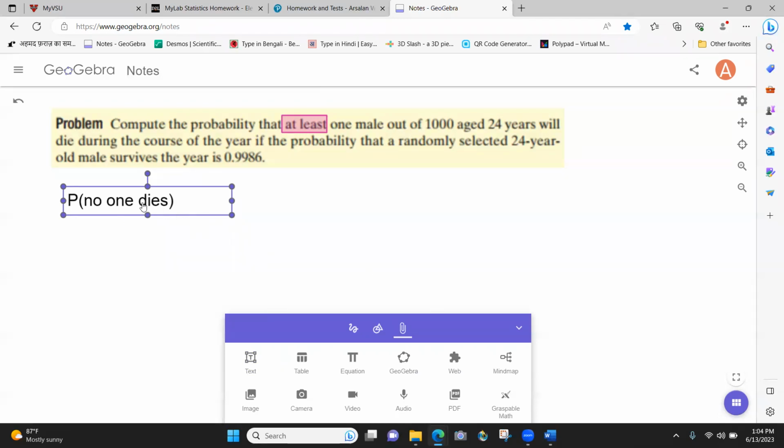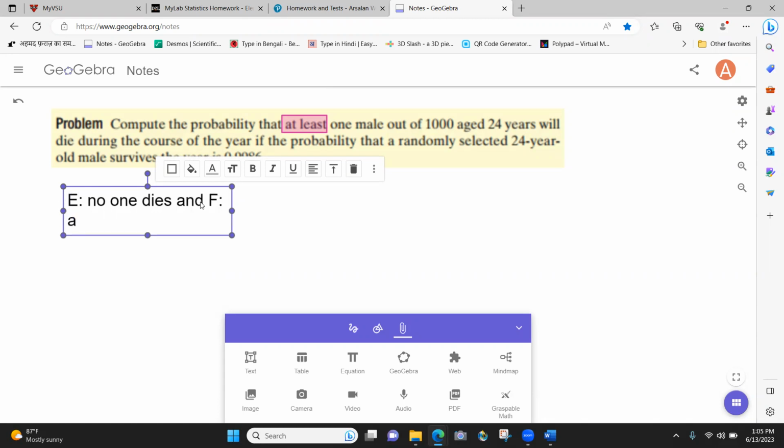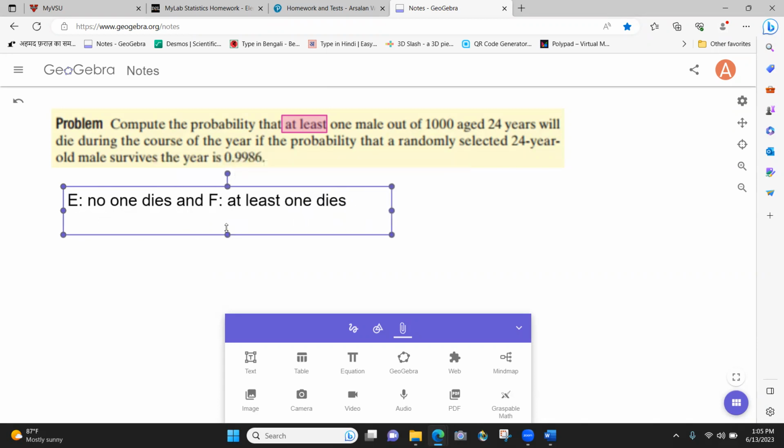Let me do a better job, and you want to reflect on it. E is the event that no one dies, and F is the event that at least one dies. The claim I'm making is that E and F are complements.